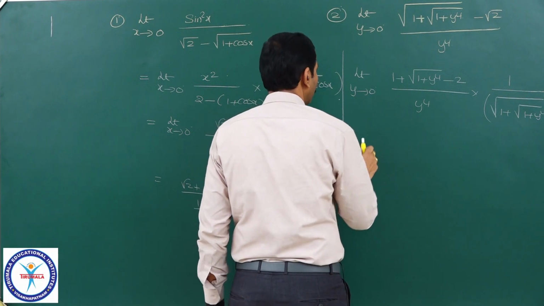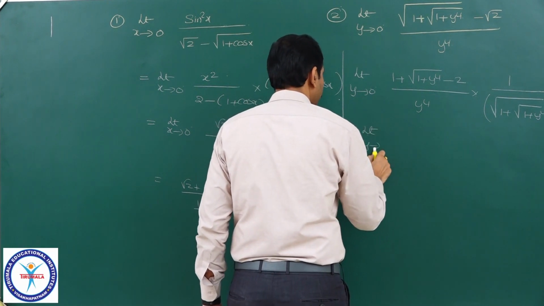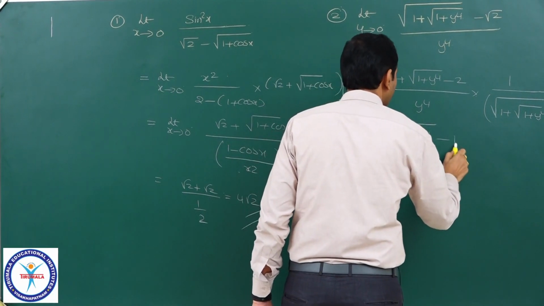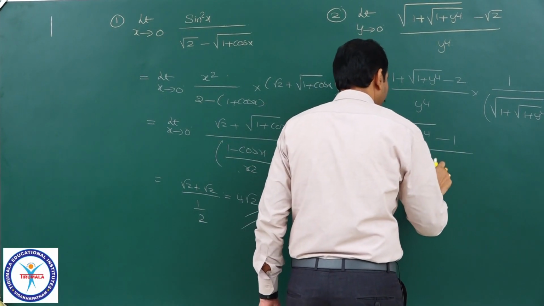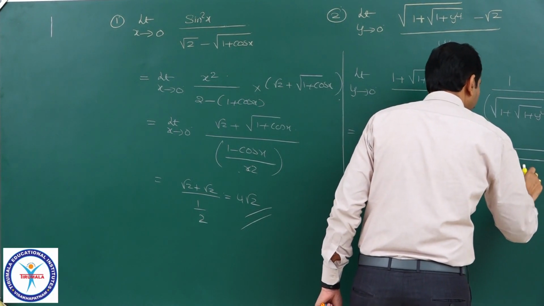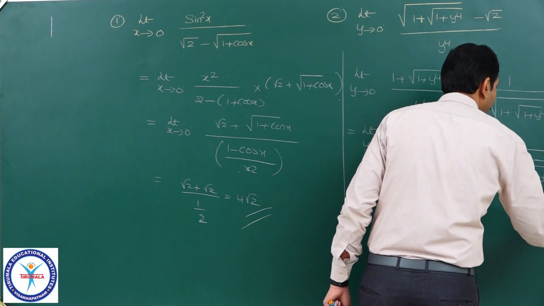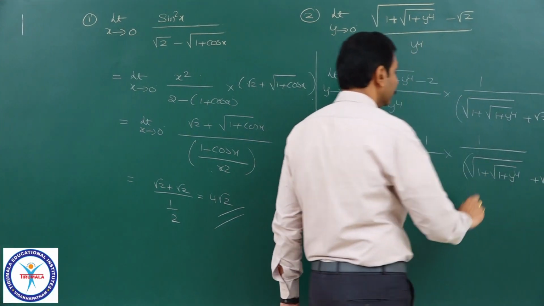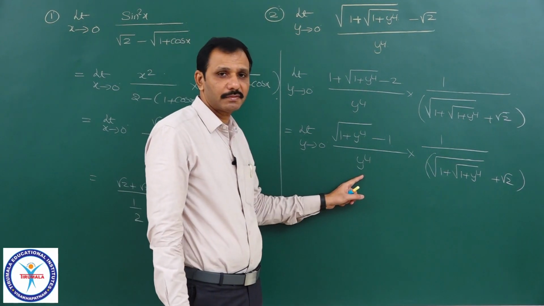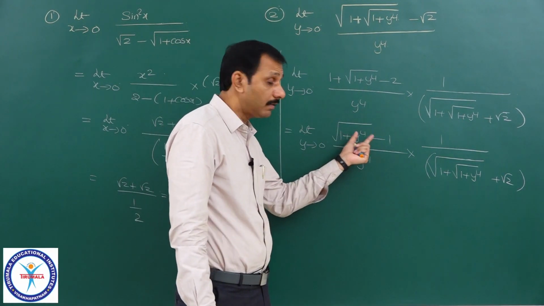Now, it is equal to limit y tends to 0, root of 1 plus y power 4 minus 1 by y power 4, into 1 by root of 1 plus root of 1 plus y power 4 plus root 2. Now again if I take y equal to 0, it is a 0 by 0 form, so again rationalize this term.